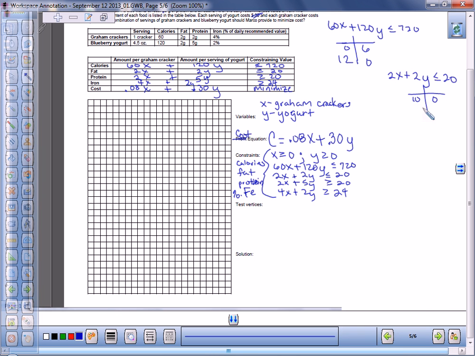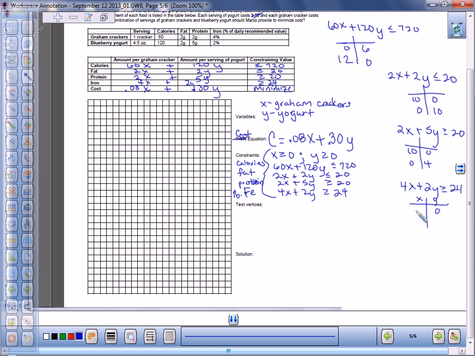Okay, the next one. 2x plus 5y greater than or equal to 20. What are my intercepts? X-intercept is 10. Y-intercept is 4. And finally, 4x plus 2y is greater than or equal to 24. X-intercept? 6. Y-intercept? 12.